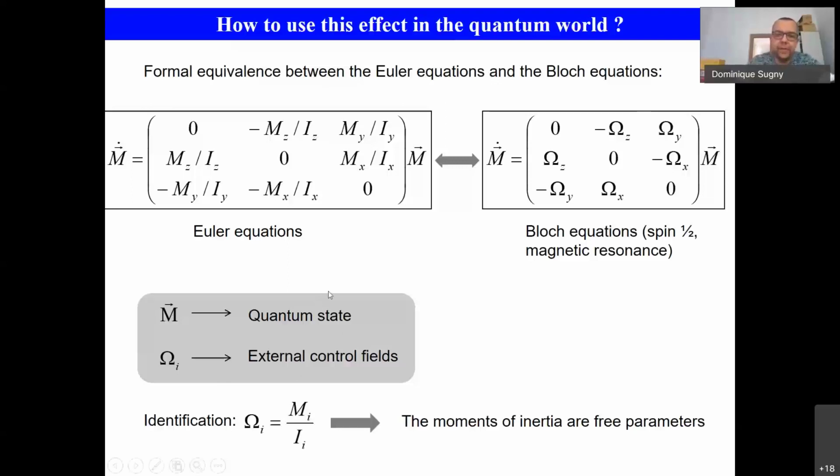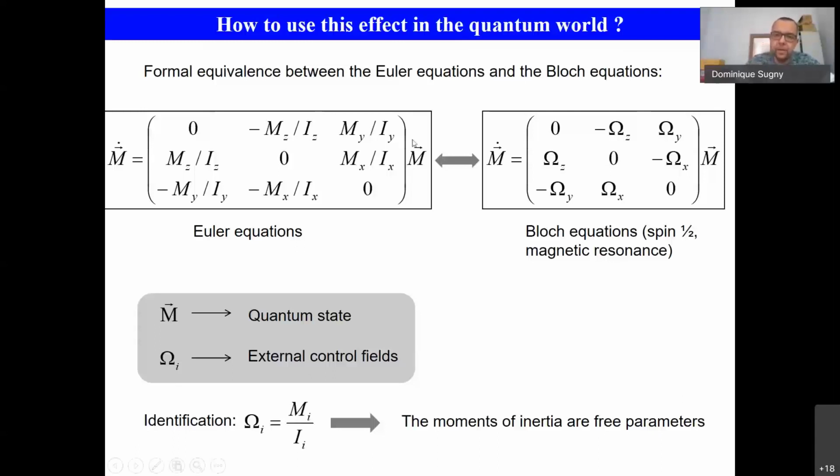Here on the left I write the Euler equation that we use for the moment, and here on the right are the Bloch equations, which describe, for instance, a spin 1/2 particle in magnetic resonance, but also the dynamics of a two-level quantum system.